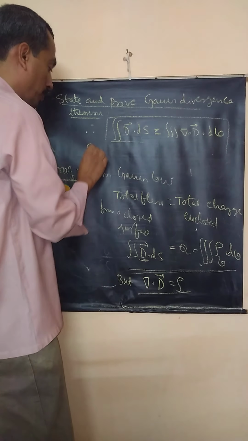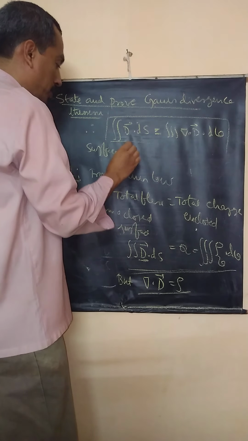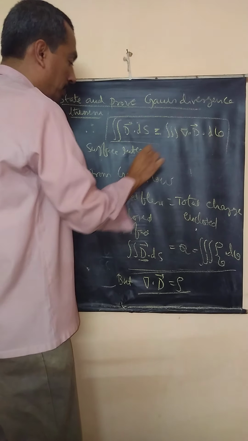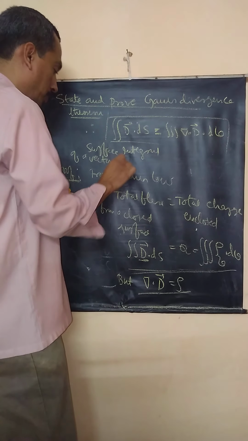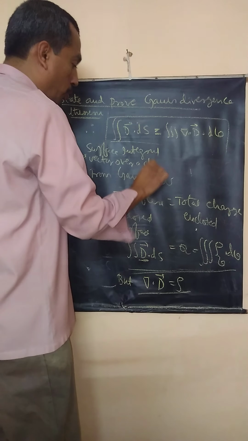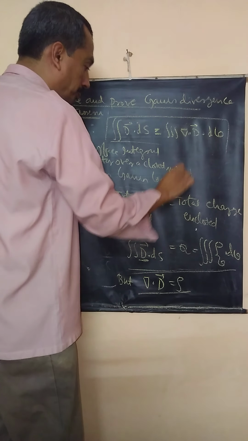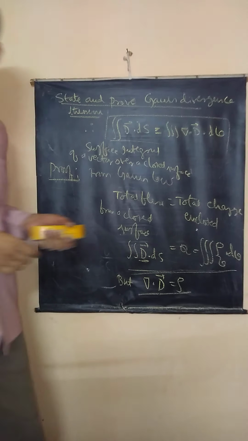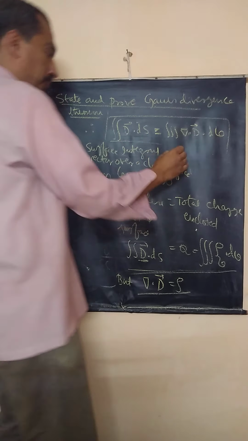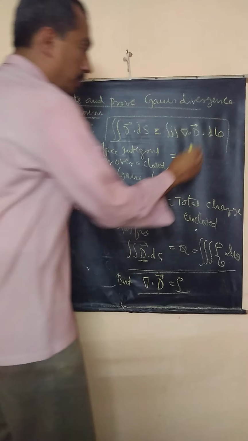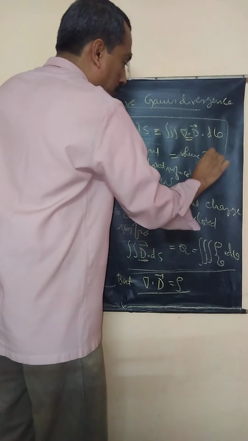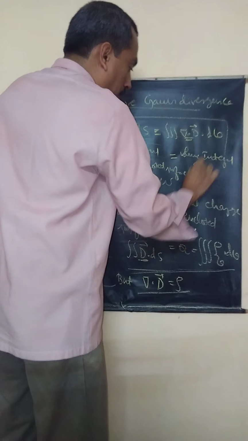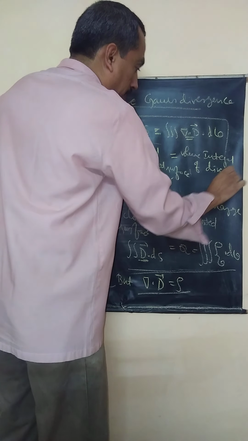See here, the surface integral of a vector over a closed surface, okay, is equal to, see here, the volume integral of the divergence of the vector.